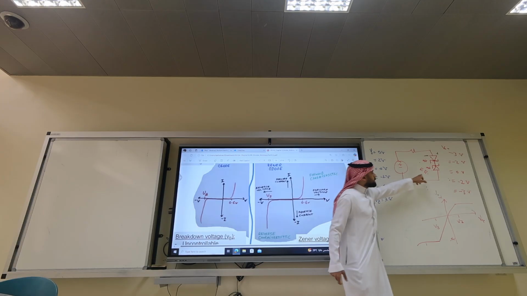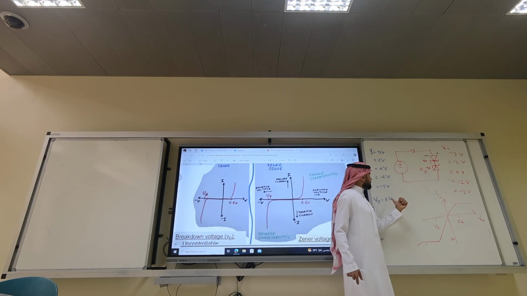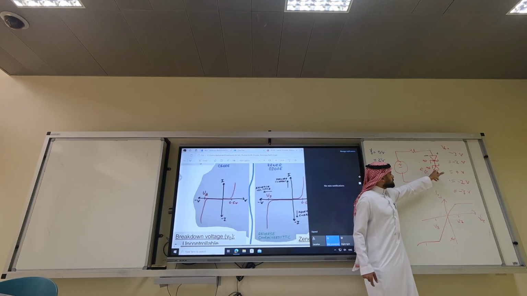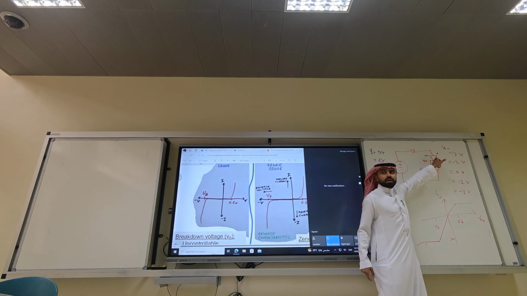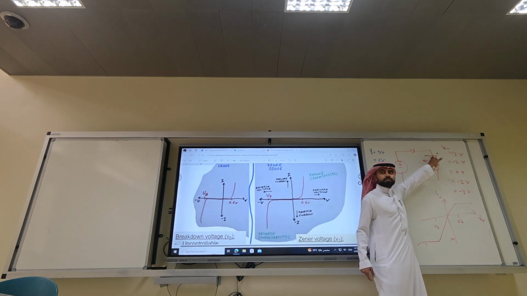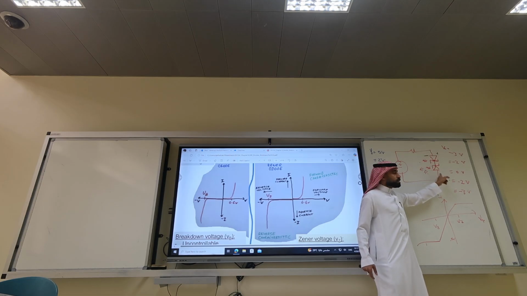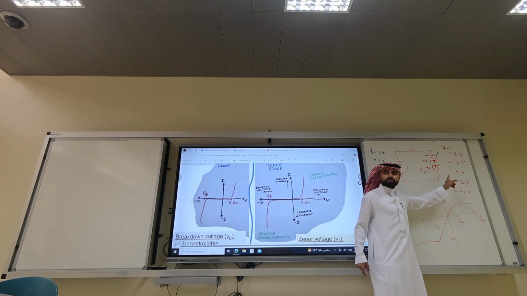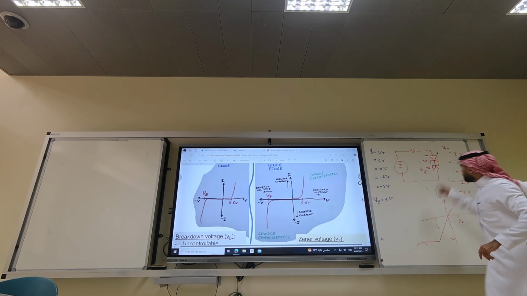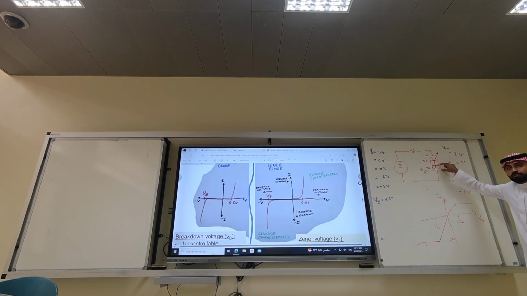No, it should be reverse breakdown. At -5, this will be reverse breakdown. This will be off. This will be short circuit. This will be battery off minus VZ. It will be 0. This will be minus VZ. So the output here will be what?